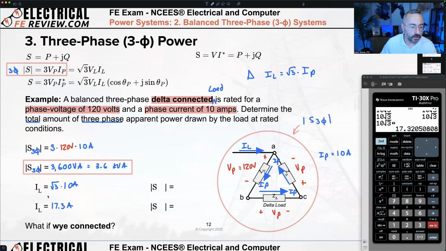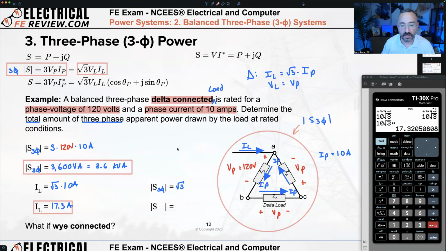Now, could I use the more common formula, three-phase apparent power equals square root of 3 times V line times I line? Should get the same answer. For a delta, line current equals square root of 3 times phase current. What does the line voltage equal for a delta connection? They're equal. So line voltage equals phase voltage.